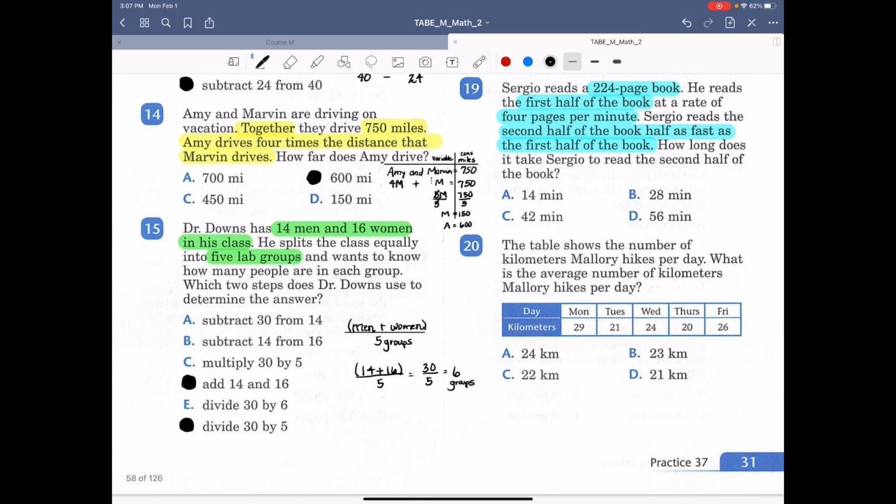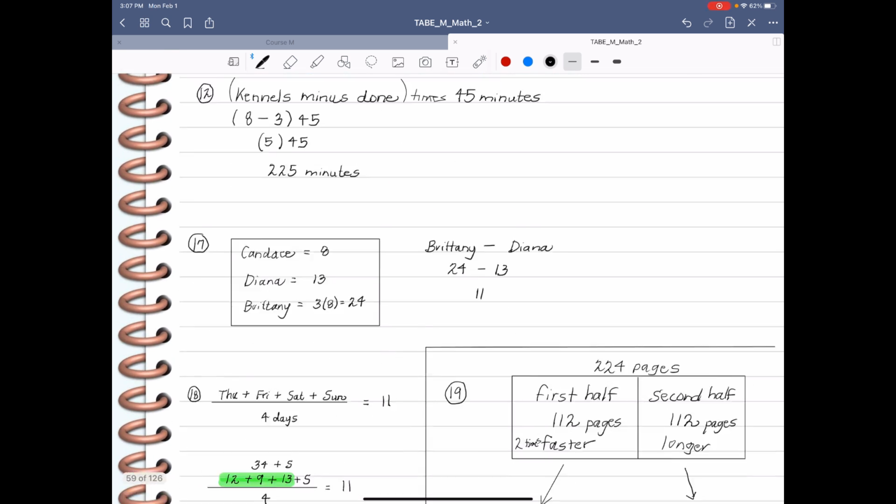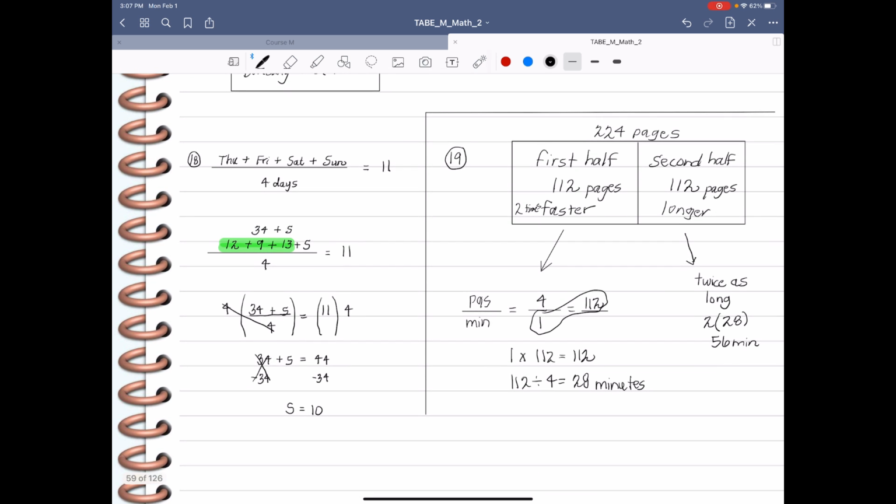So for this one, I like answer D. Number 19 is 56 minutes. You could easily find how long it took him to read the whole book by combining those 2 amounts. But they wanted to know about the second half, so I'm going to go with that 56 minutes.